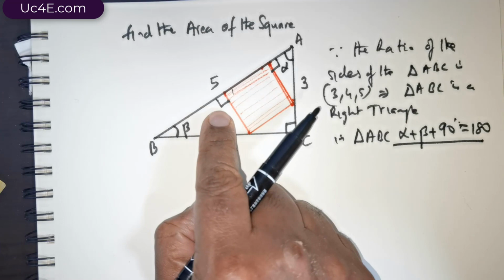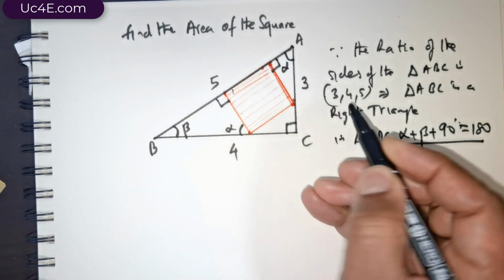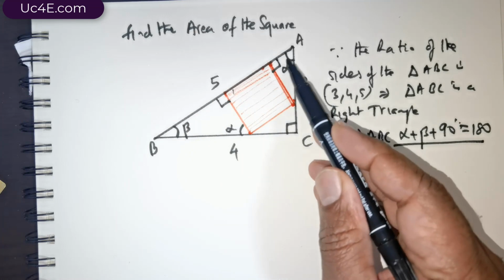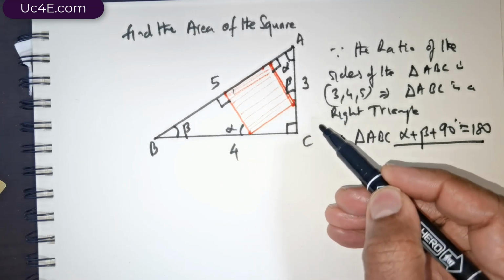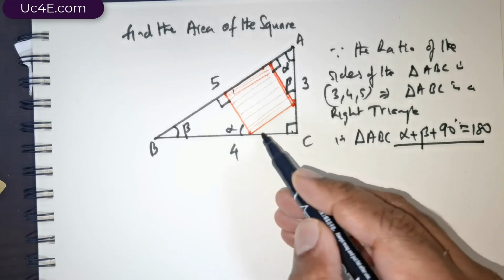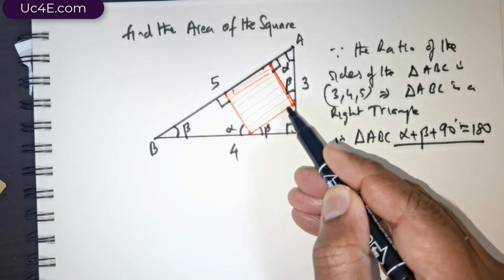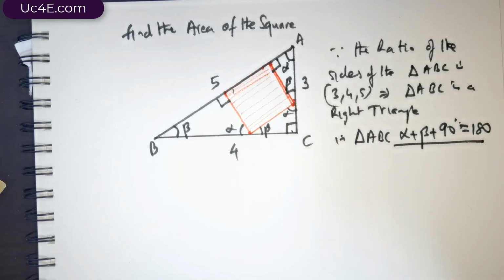Now this is beta, this is 90. So beta 90 and this should naturally be alpha. Now this is alpha, this is 90, so this is going to be beta. And if this is 90, this is alpha, this will be beta, and obviously this will be alpha. So these are some of the information that we are taking into account.